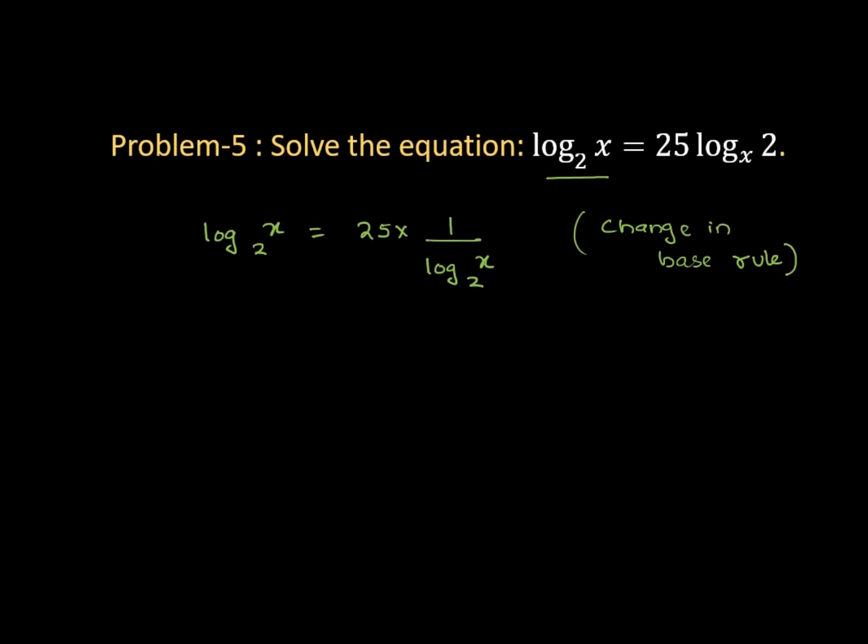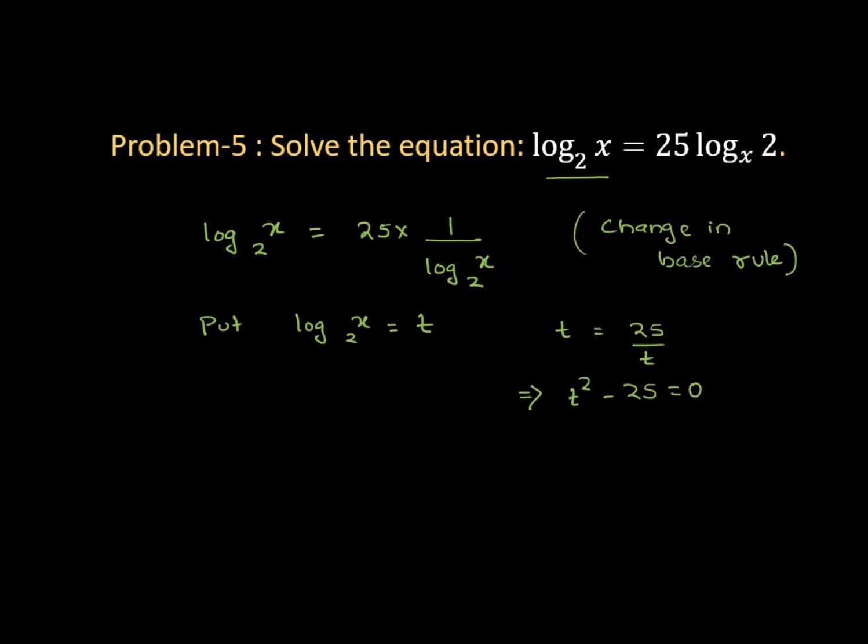So now we can put log of x base 2 as t. So what do you obtain? t will be equal to 25 over t. So you can write this as t square minus 25 equals 0.